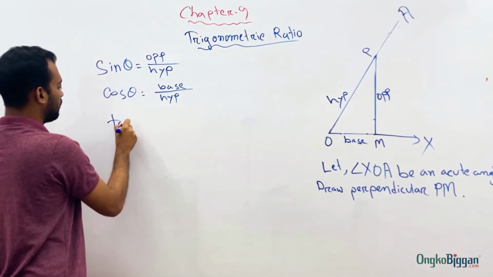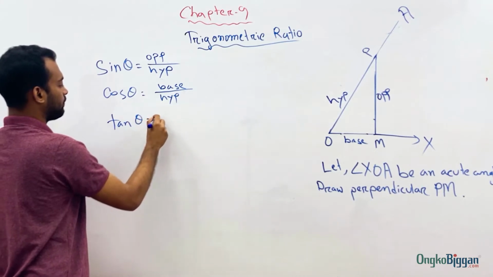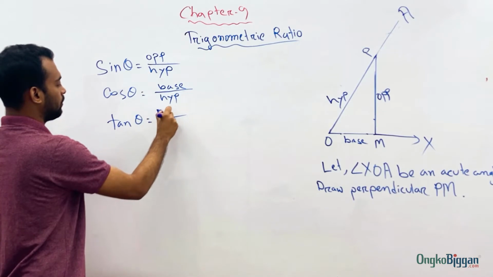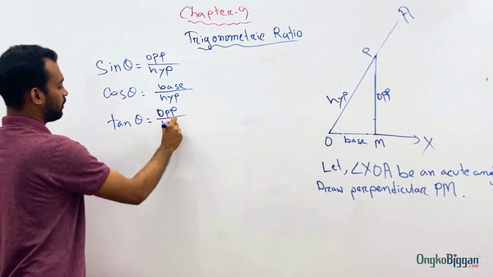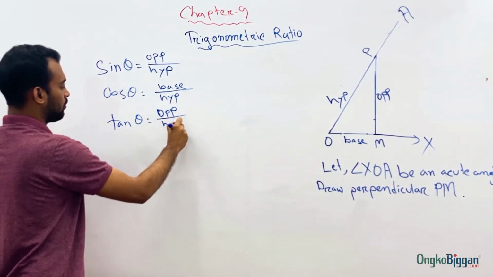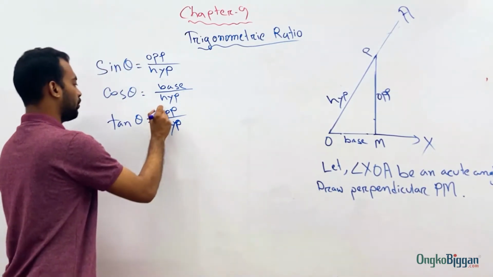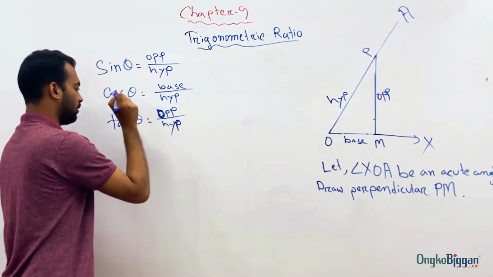Tan theta was opposite by base. Up to this, we had learned in the previous video.